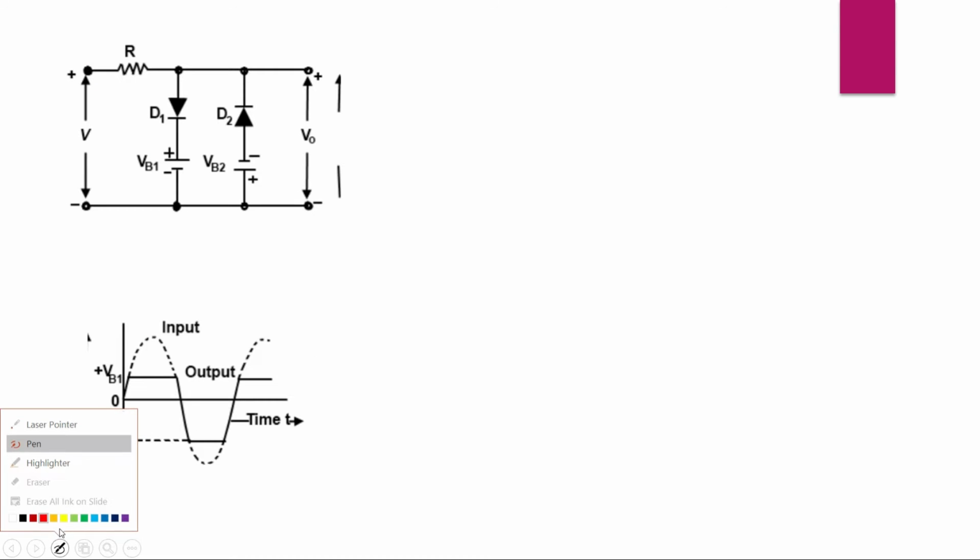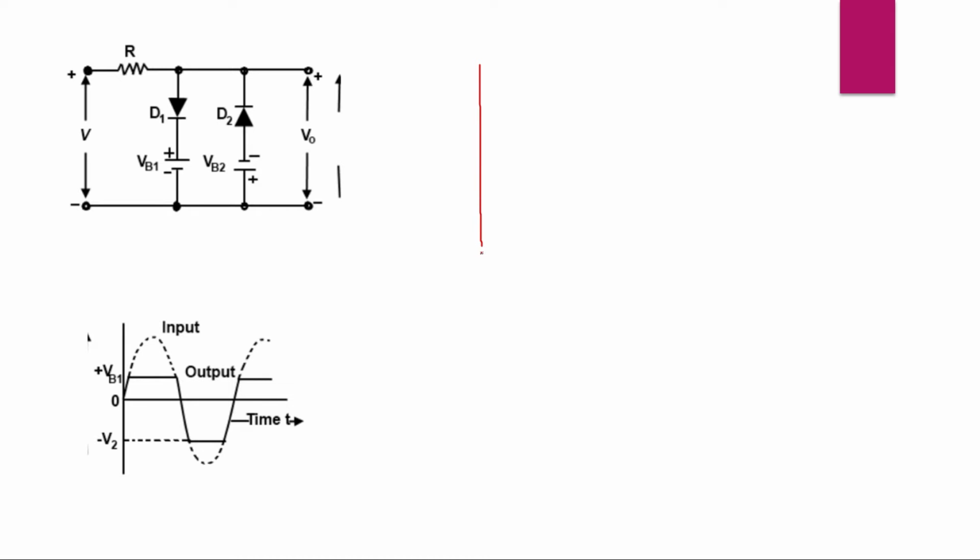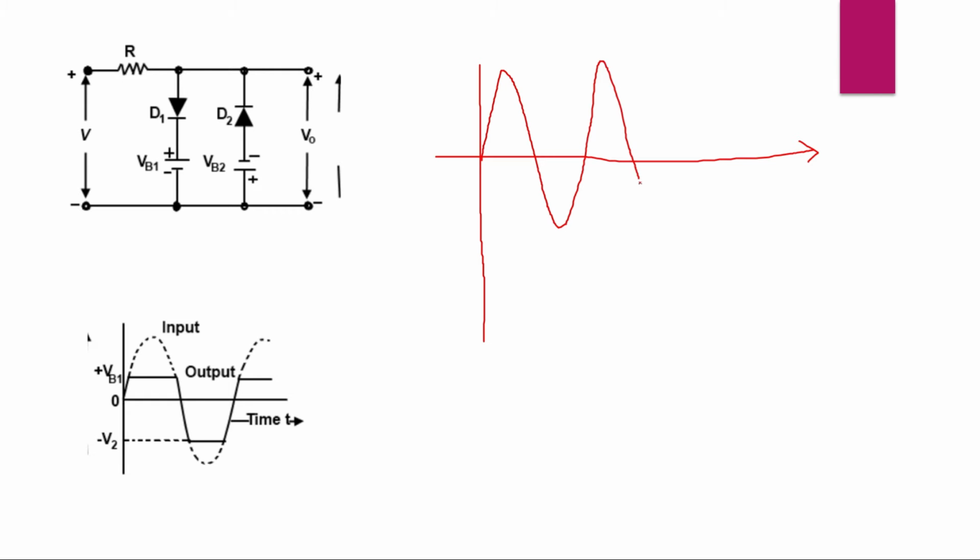Okay, let's observe the waveforms. I'm going to explain in brief, whether you are able to follow or not, let me know. This is my sinusoidal wave with a volts of 5 peak.